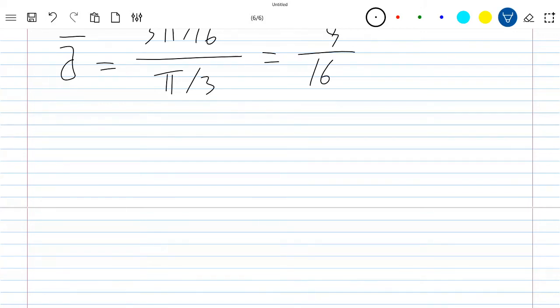Finally, let's do the last example. The last example would be an integral that has a given form. Let's just go to the next page. The integral is given.